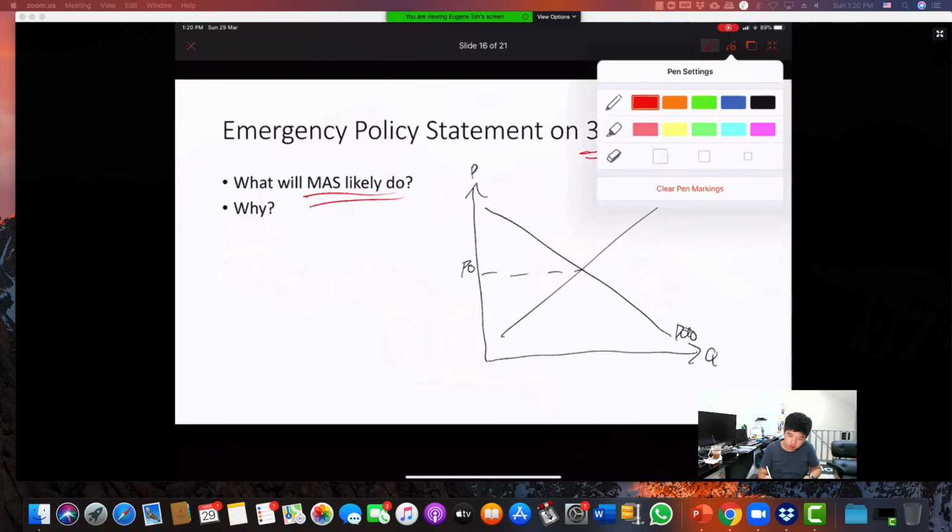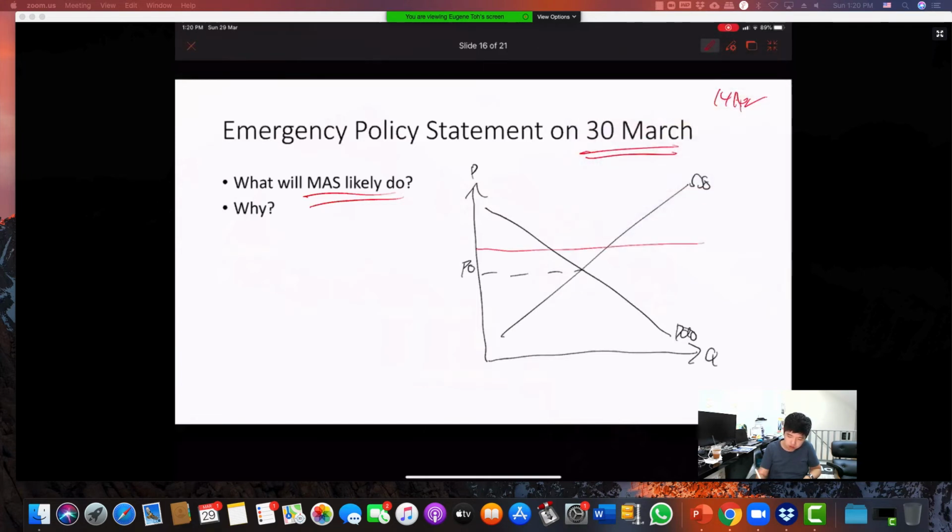Okay, so remember just now what we said? We said that this is P maximum and this is P minimum. So the Sing dollar would be allowed to fluctuate within P max and P minimum, right? They will be allowed to fluctuate within these two policy bands. So that's what we said just now about the Sing dollar. Now, what do you think has been happening to the Sing dollar lately? You should have read just now already.